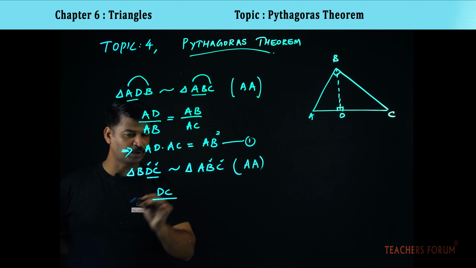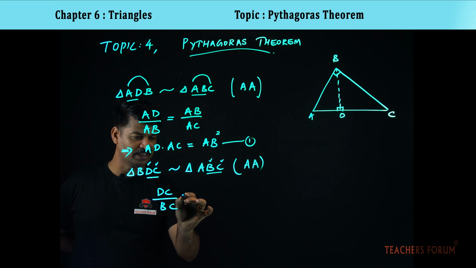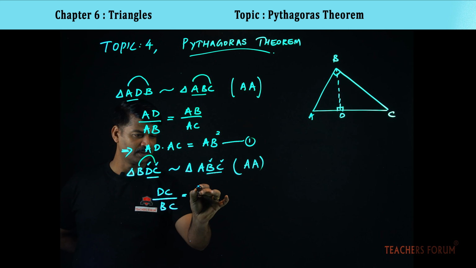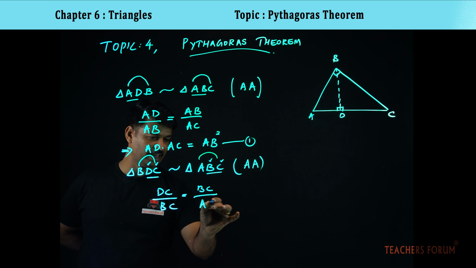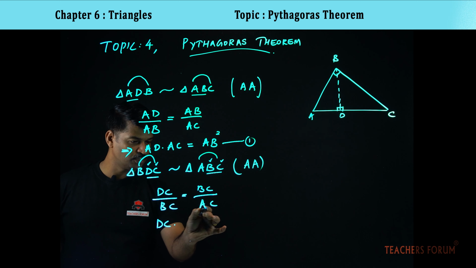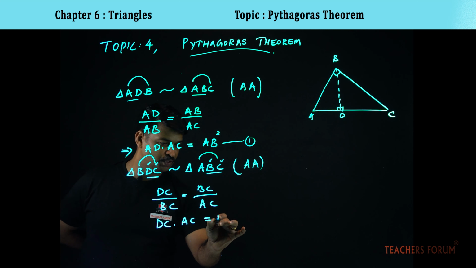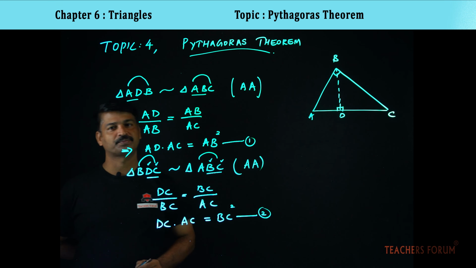Then what will be the corresponding side in the second triangle? BC. So DC by BC is equal to, let us take the side BC in the first triangle, then in the second triangle it will be AC. Now just cross multiply, you will get DC into AC is equal to BC into BC, that is BC square. Let it be equation number 2.